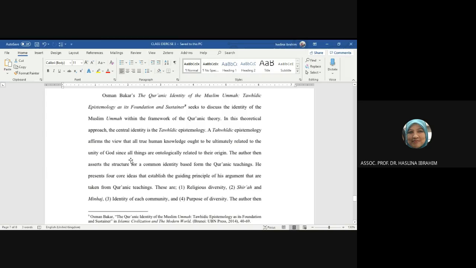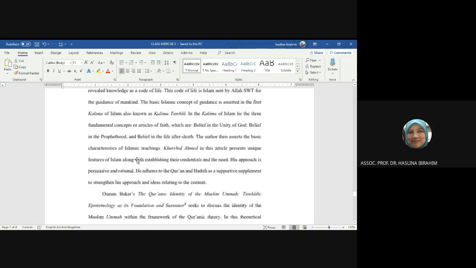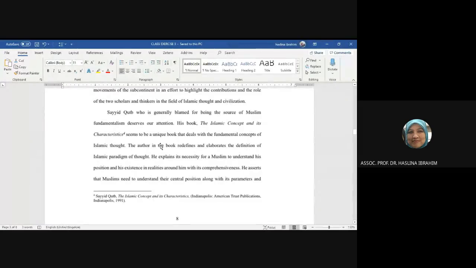I found this at the very beginning of his literature review. Where is it? Page 6, right? Yes, madam. Muslim fundamentalism from the viewpoint of Western and Islamic perspective.